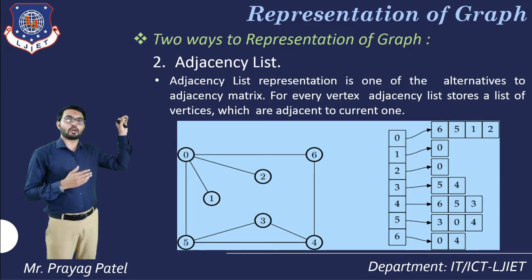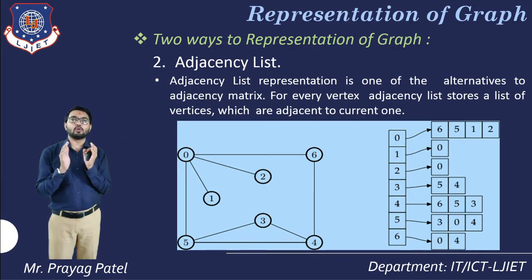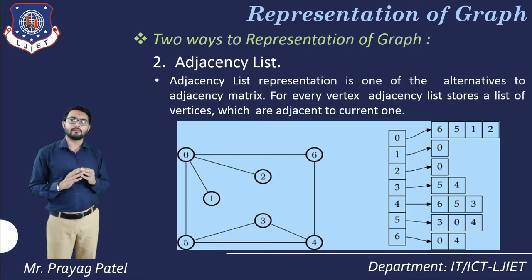Which means in the 0 row the columns are 6, 5, 1, 2. You can connect node number 0 with node number 6, node number 5, node number 1 and node number 2. Here the sequence does not matter, you can write 1, 2, 5, 6 or 6, 5, 1, 2 or 6, 5, 2, 1 like this.